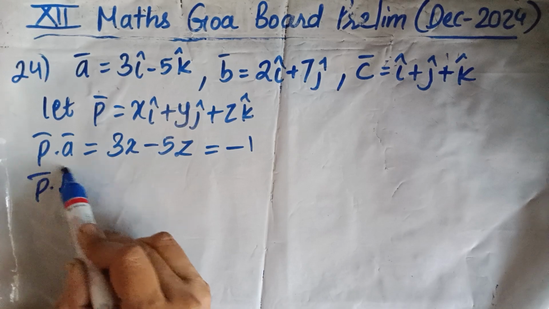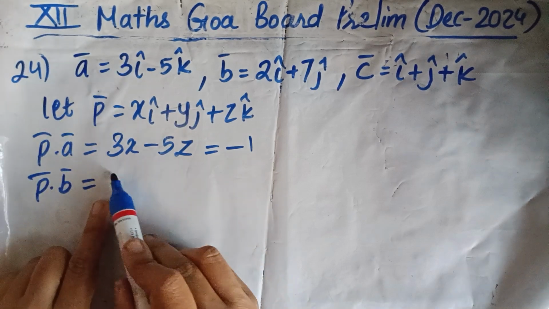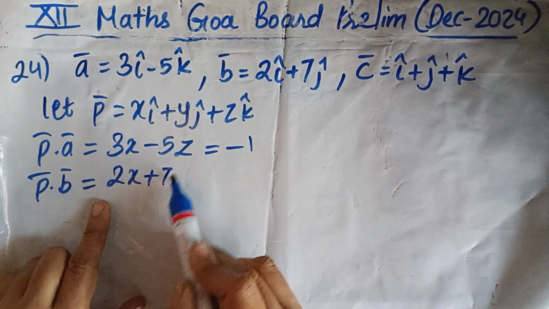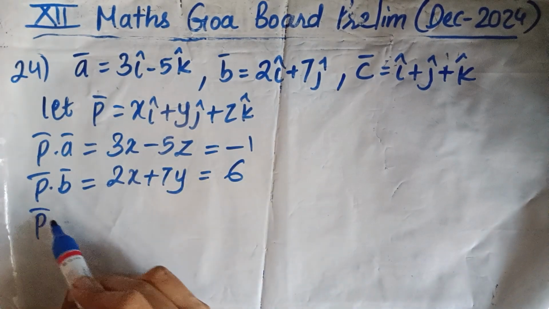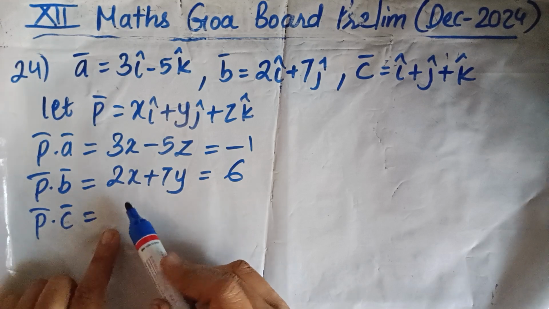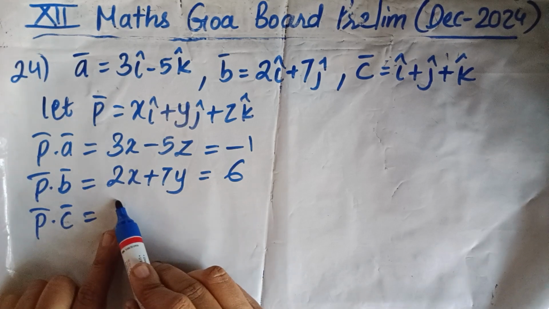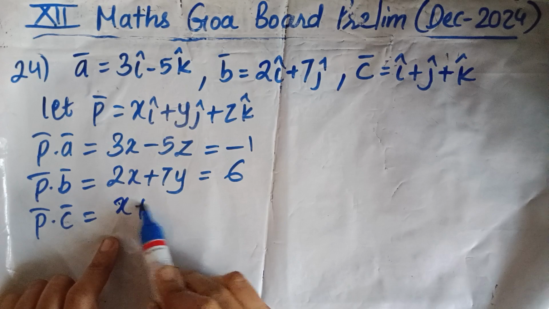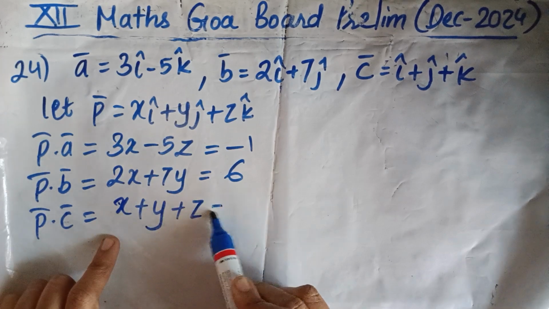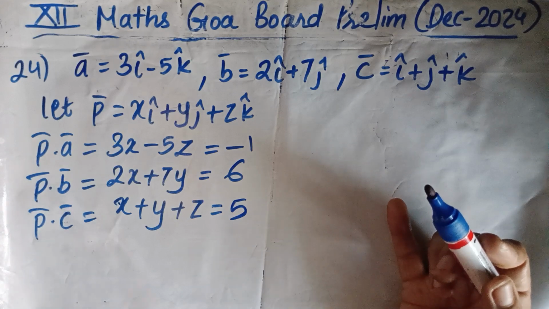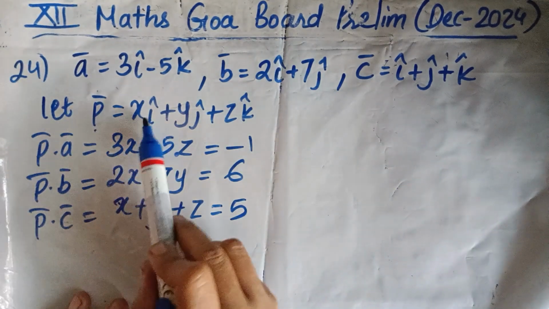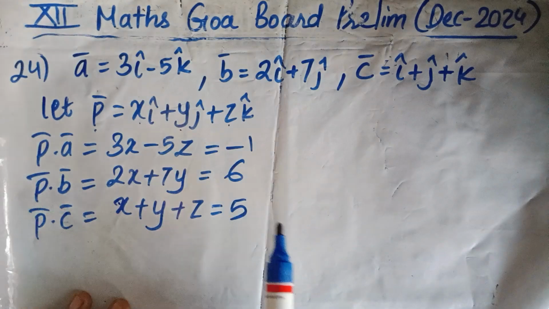Then p dot b is 2x plus 7y equal to 6. Then p dot c is x plus y plus z equal to 5. Now we have to find the vector p, that is, the values of x, y, z.